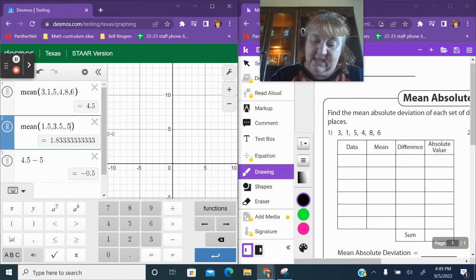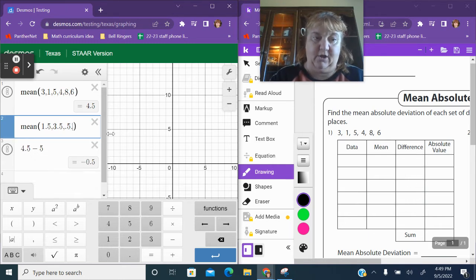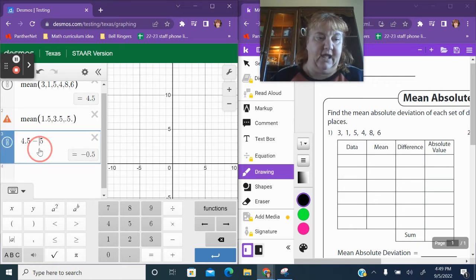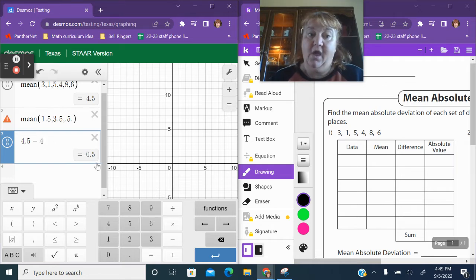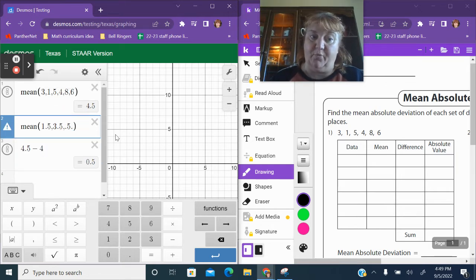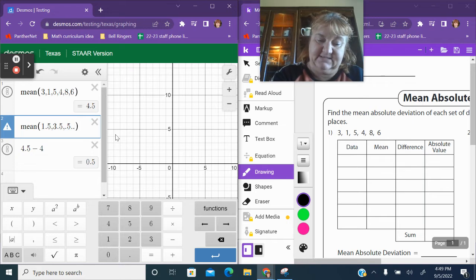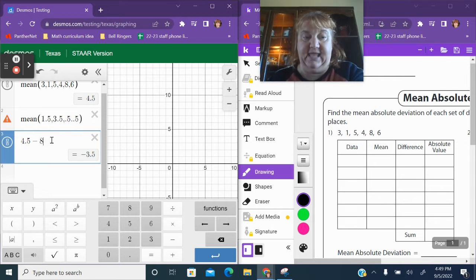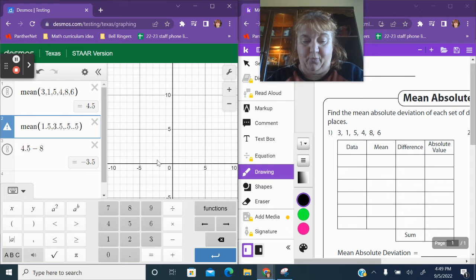0.5. And then I hit a comma again. Okay. And I put in 4. 4 is my next number. Oh, look, 4 is also 0.5. And then I put in 8. So let me put in 8. And I get 3.5.